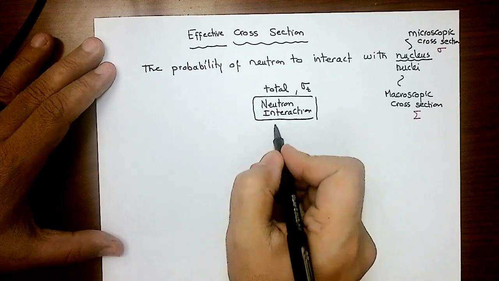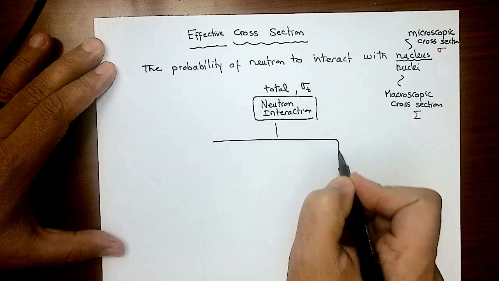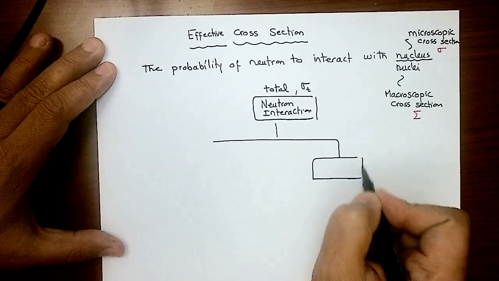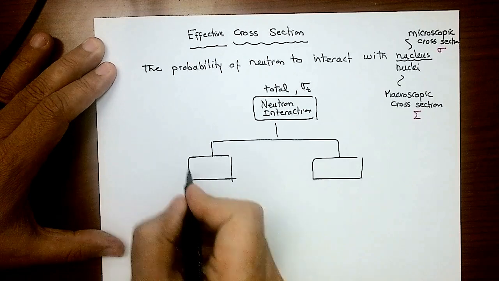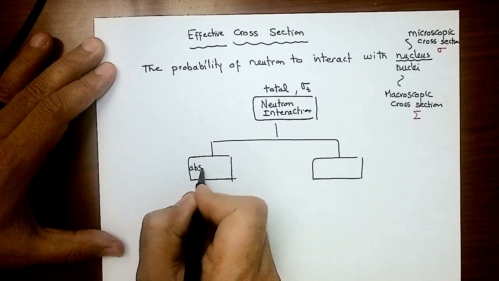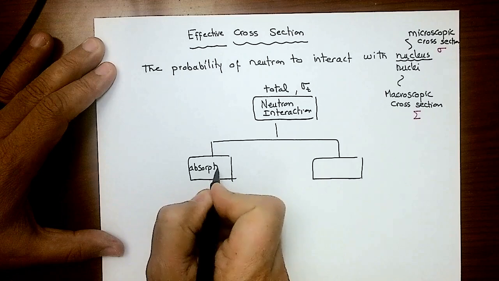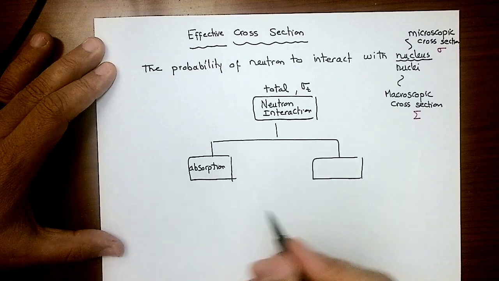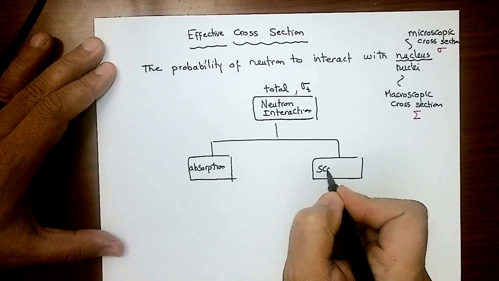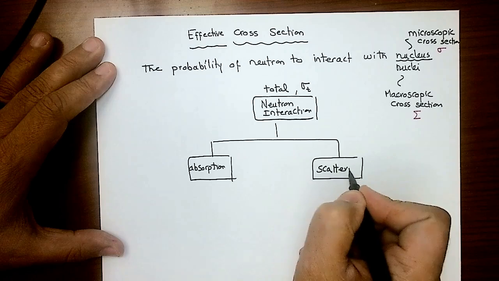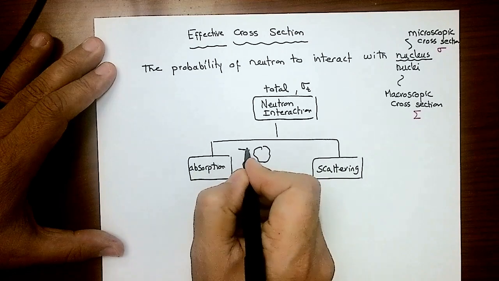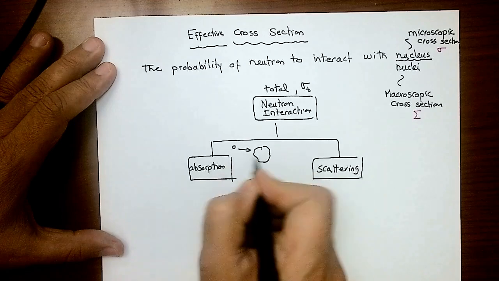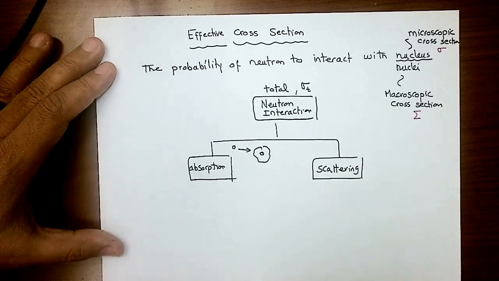Total interaction can be of two different types. The first one is absorption, and the second one is scattering. What does that mean? You have a nucleus, you hit the nucleus with a neutron, and that nucleus will absorb that neutron inside.